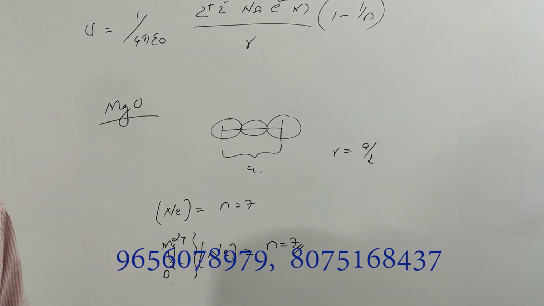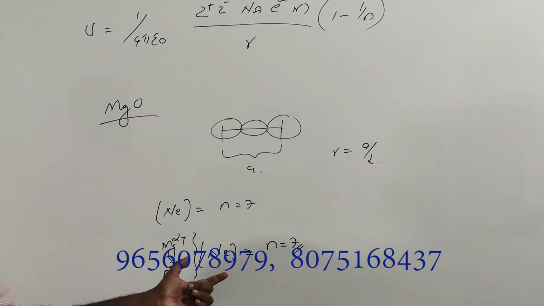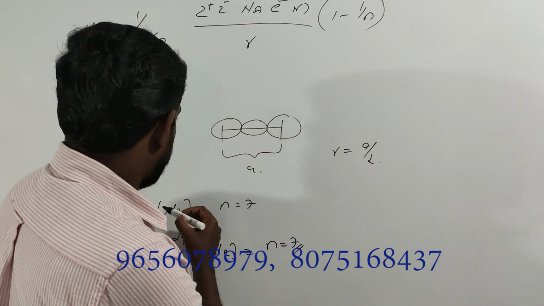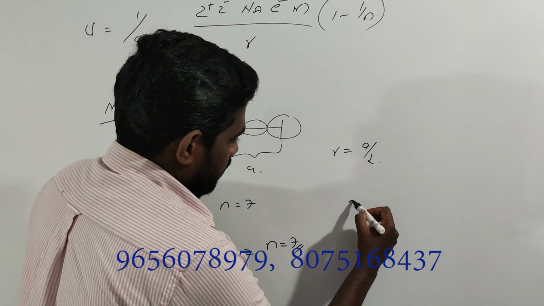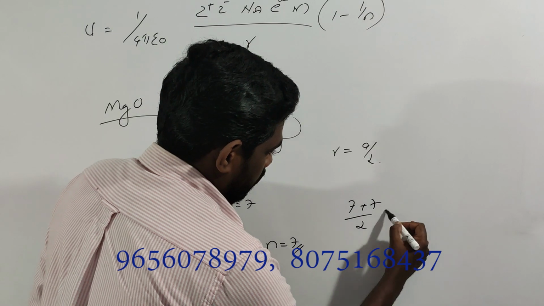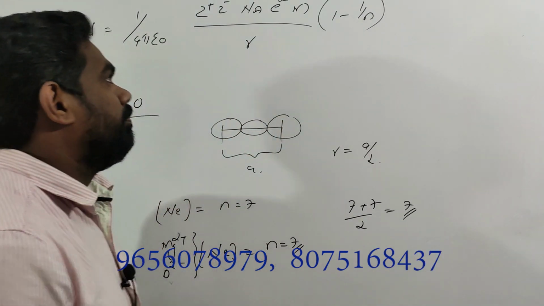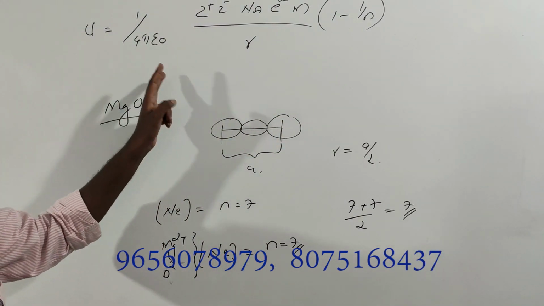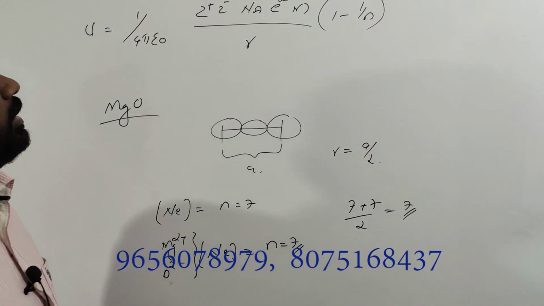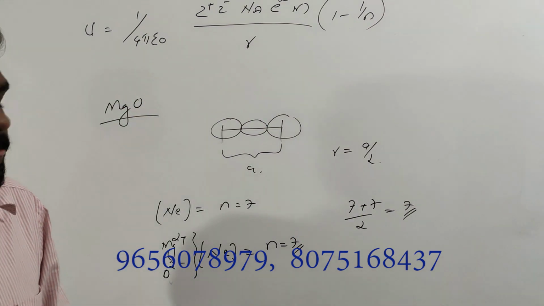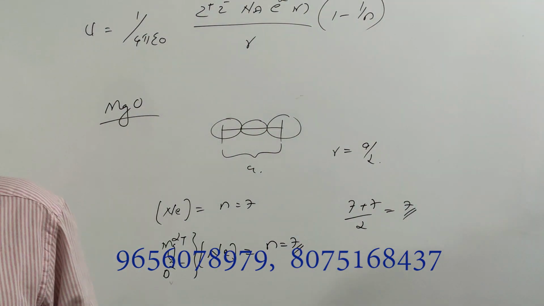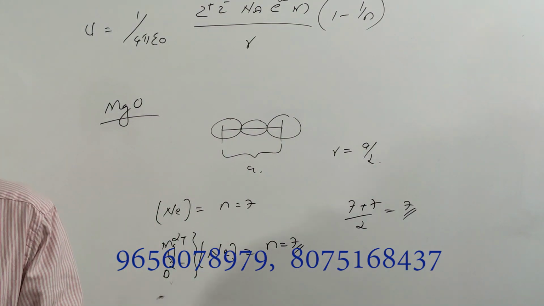For MgO, N is 7 plus 7 divided by 2, equal to 7. All other values, Z plus, Z minus, Avogadro number and others, are given in the question. Just substitute these values and we get the answer 7850 kilojoule per mole.